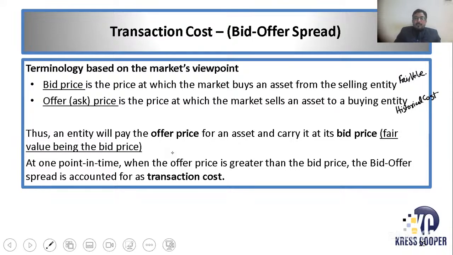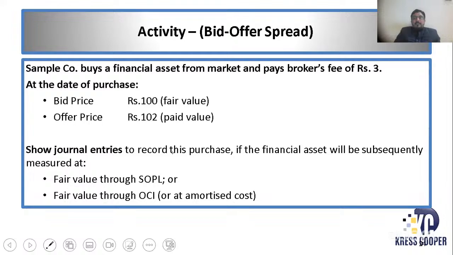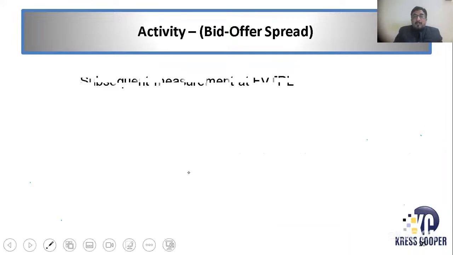Let me take you through an activity which will make it easy to understand. The bid price is 100, which is the fair price, and the offer price is 102. The entity has paid 102 for buying the financial instrument, and the broker's fee is 3. So if the entity will be measuring this investment at fair value through profit or loss, what will happen?